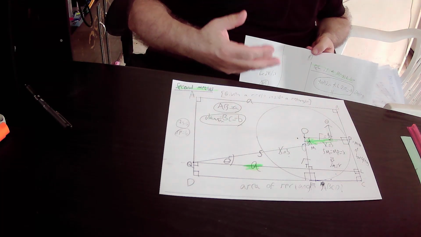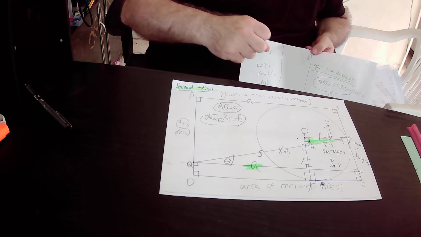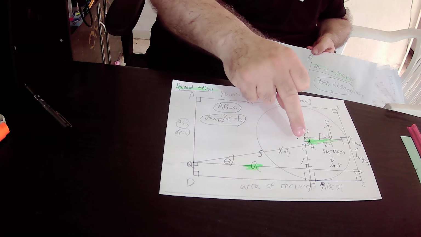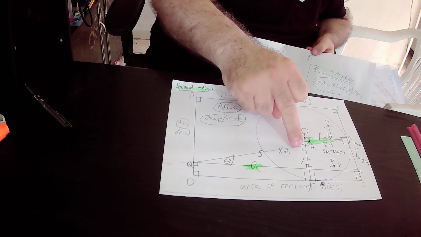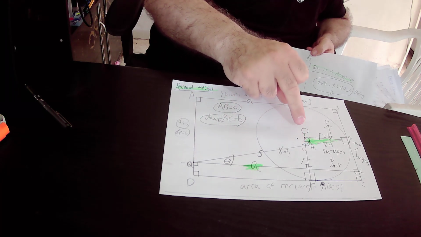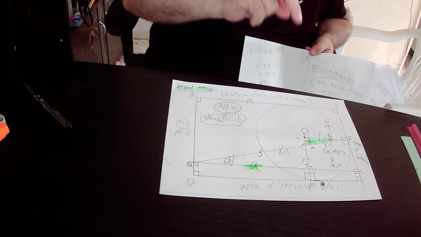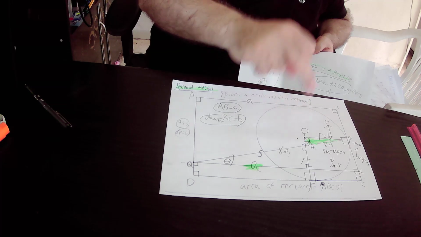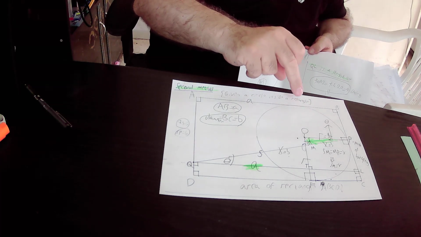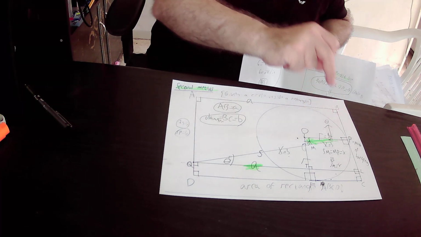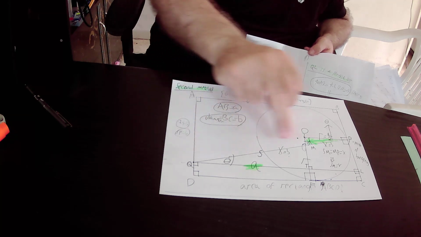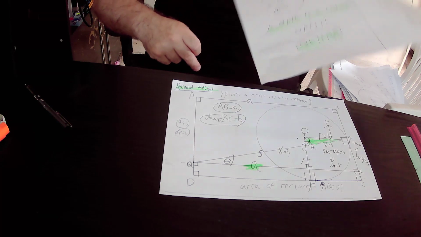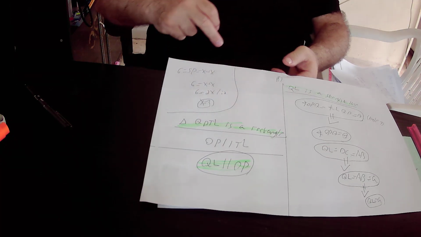QL as a perpendicular is absolutely a straight line. And if part of a straight line is parallel to another straight line, then the straight line itself, that is QL, must also be parallel to the other straight line, that is OP. That is to say, the straight line QL is parallel to OP.